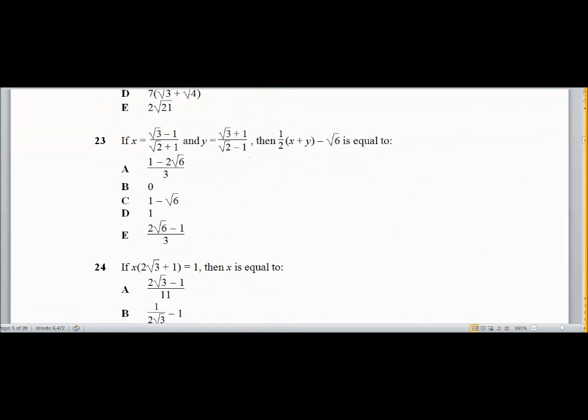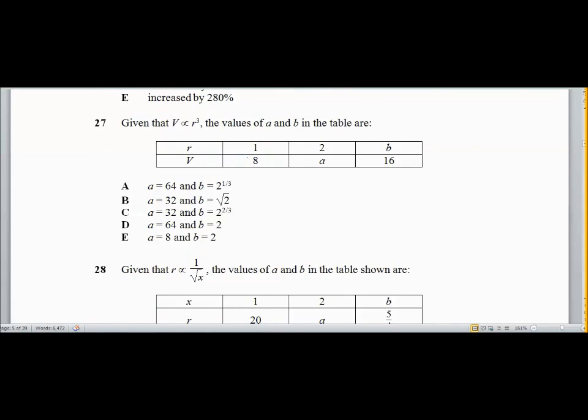We're going to skip down to question 27 of this revision, and this is a variation question. Given that v is proportional to r cubed, now what does that mean? V is proportional to r cubed means that we can then say it's equal to k times r cubed if we take in this constant k, the constant of variation.